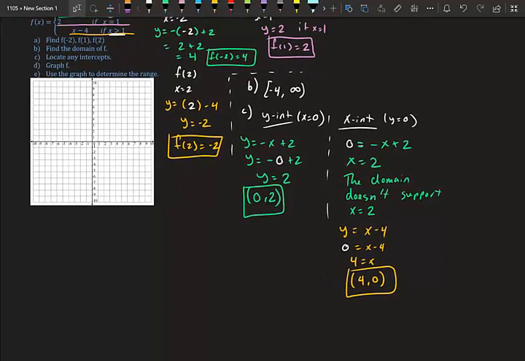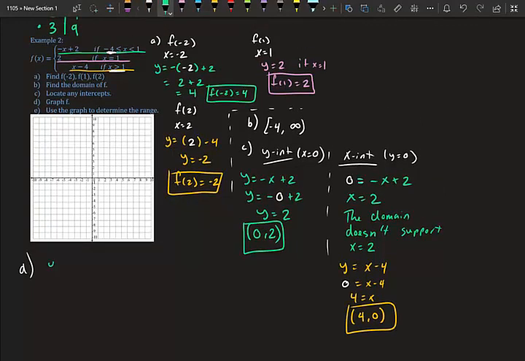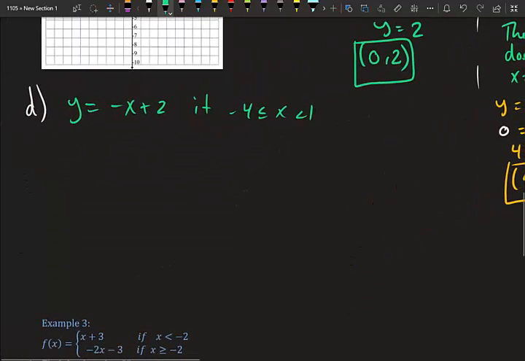Alright, now we can graph this. Anytime we need to graph it, you bust out more points. You make that T-chart. So we have our first one. Since it's a compound, it has a start and a stop, and we're going to pick those numbers. Since negative 4 is with this sign, it's going to be a closed circle.